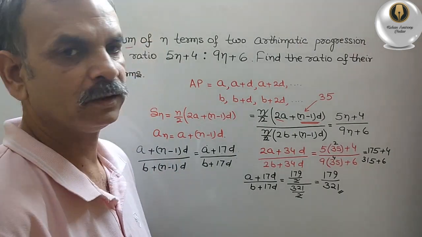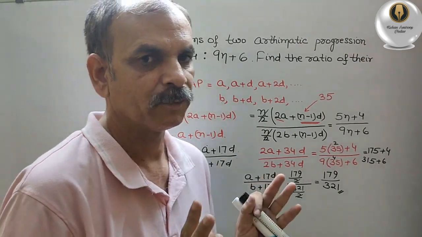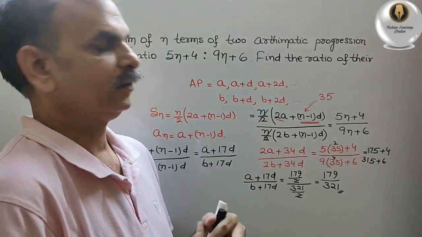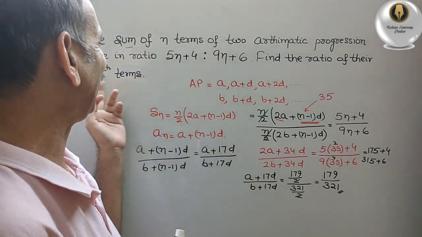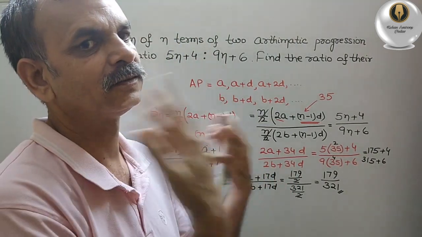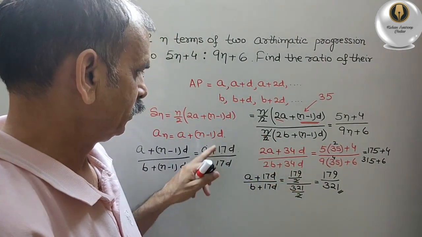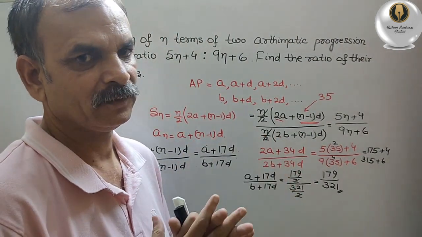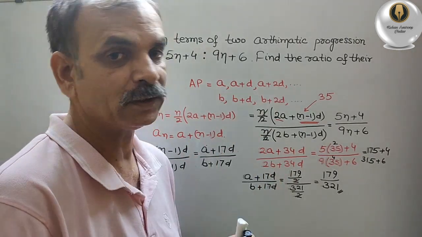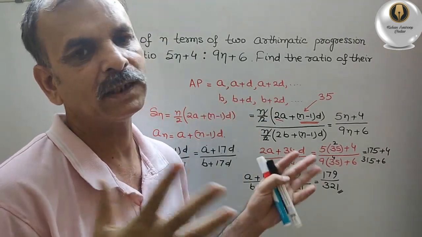Likewise you have to do it. Whatever term they give you, like the 18th term, what we have to do is: n minus 1 is 17, 17 into 2 is 34, 34 plus 1 is 35.